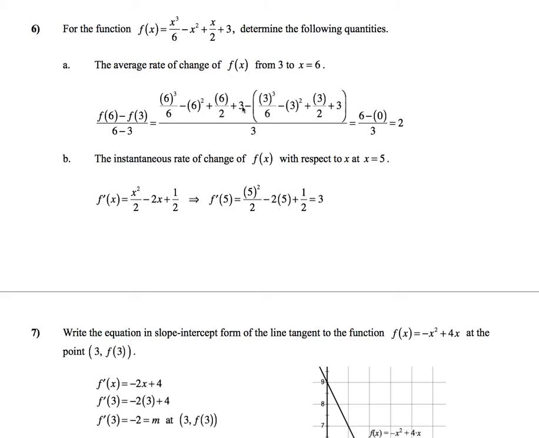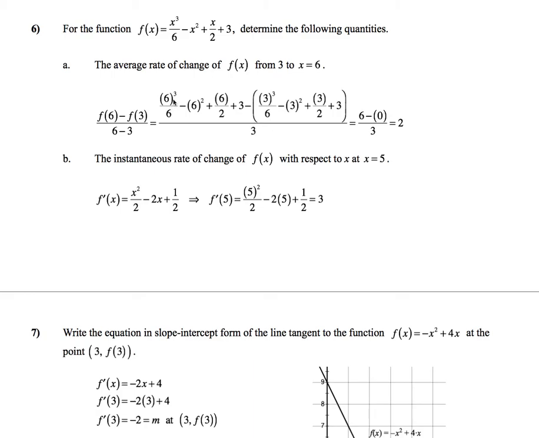I did this on purpose because the way this is laid out simplifies the way we could calculate this without a calculator. 6 cubed over 6 cancels out one of the 6's, so you have 6 squared.